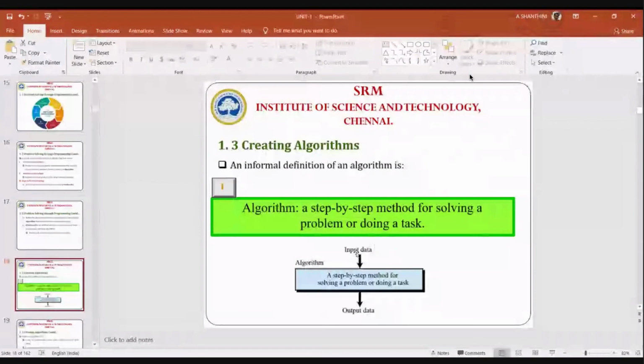It will state that you get two variables from the user, perform addition, and then print the result. Stop. So that is the algorithm, and it will give you the final result.